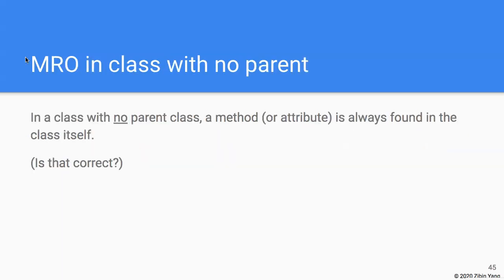So let's look at MRO in the simplest case, and that is the MRO of a class that has no parent. So in such case, we would expect that a method or an attribute is always found in the class itself. Now, is that necessarily true? Well, as it turns out, not quite.